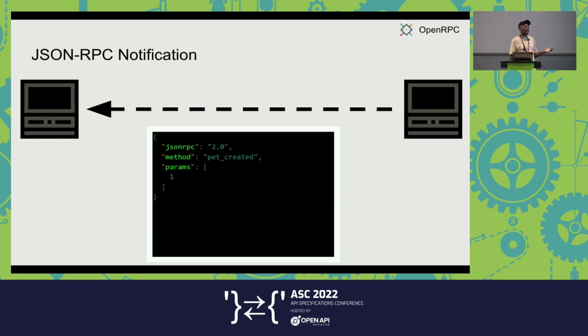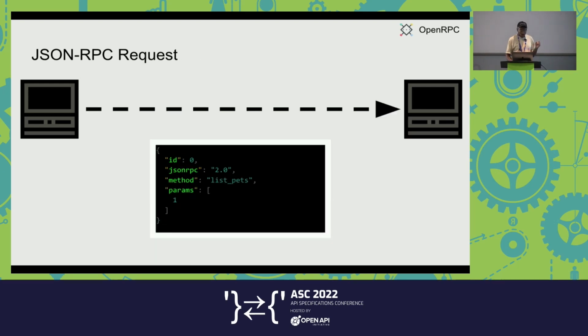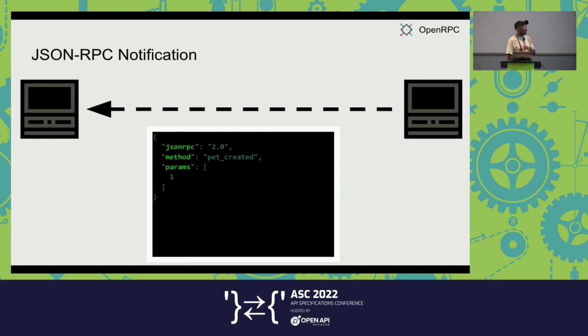And then finally, JSON-RPC has a way for notifications. So a notification is simply any request that does not have an ID. So in this case, we're saying that we went from listing pets to creating a pet, and someone is telling you that they just created a pet.